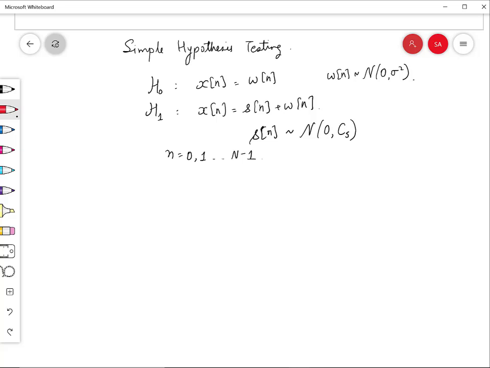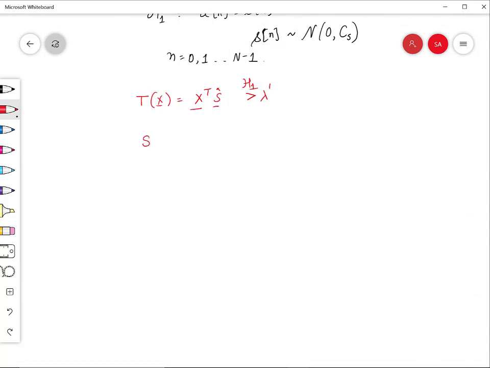The optimal detector we figured out was T(x) equal to x transpose S hat greater than some threshold, let's say lambda dash, to decide H1 to be correct, where S hat was the estimate of our signal, given as Cs times (Cs plus sigma square I) inverse x. This is what we discussed in the last class.